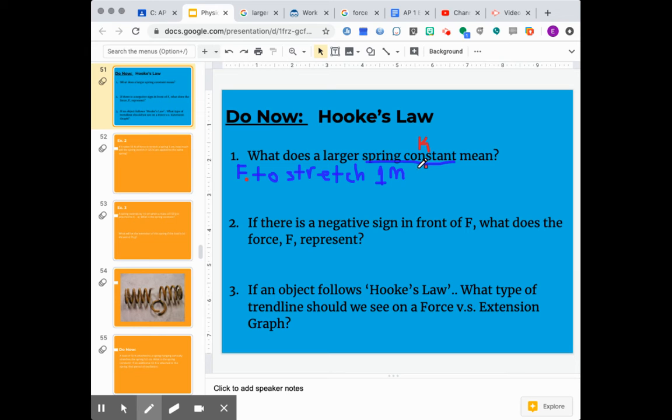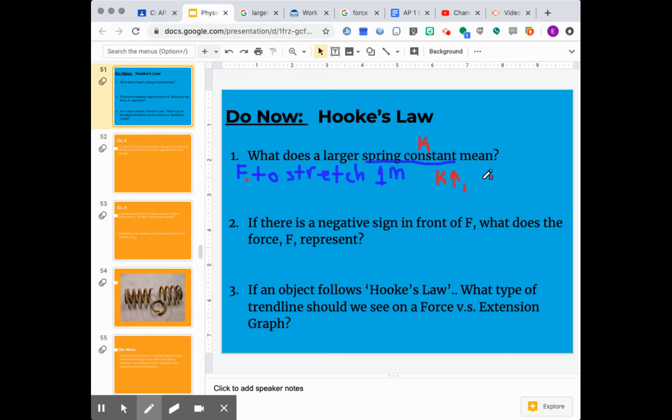F to stretch 1 meter, force to stretch the spring 1 meter. So if k is larger, the spring is more difficult to stretch or compress.